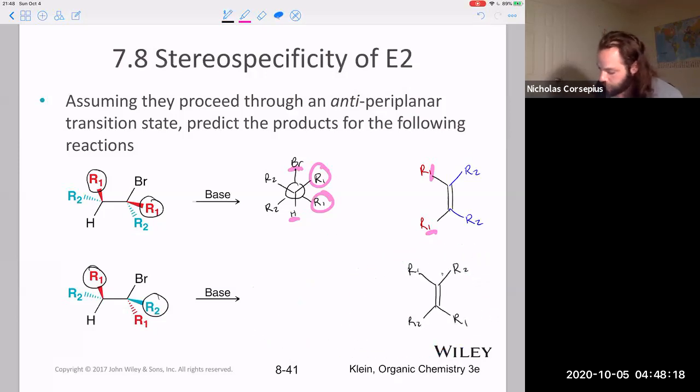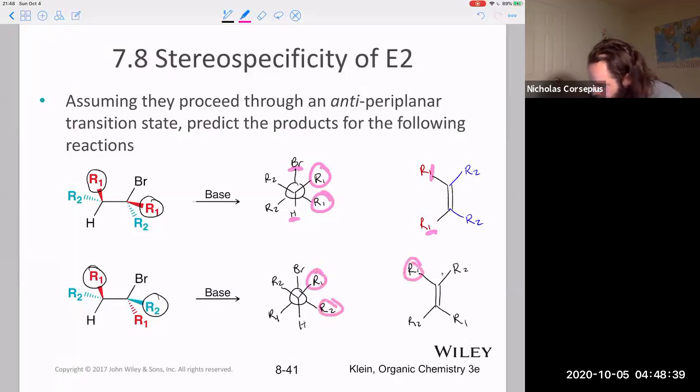And again, I can show using the Newman projection. Now we have R1 and R2 on the same side, and so that's how we got it over here.